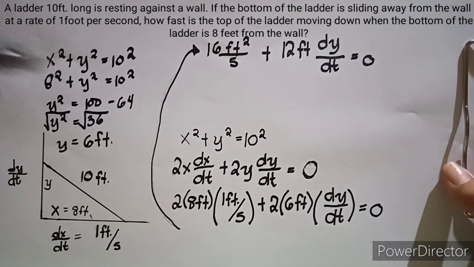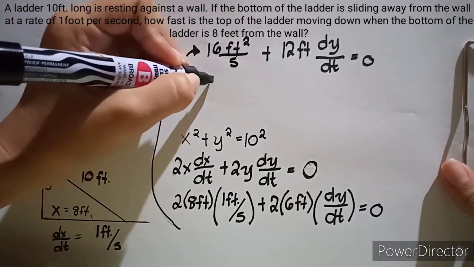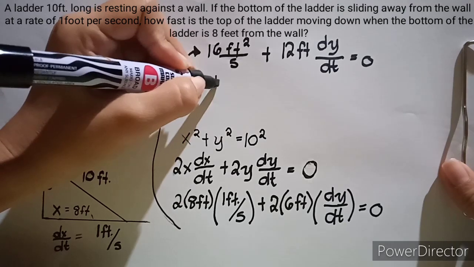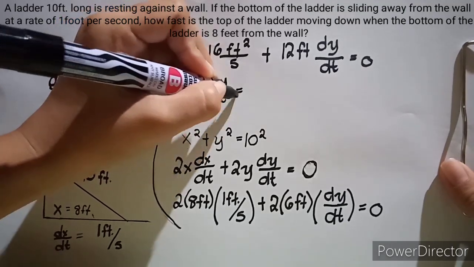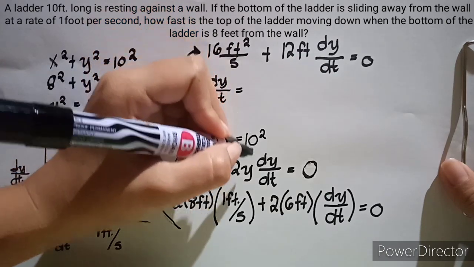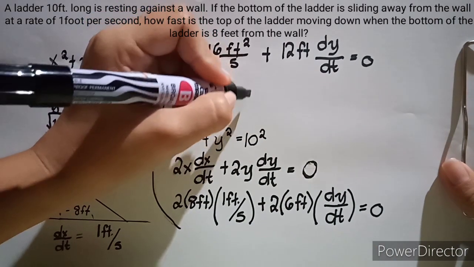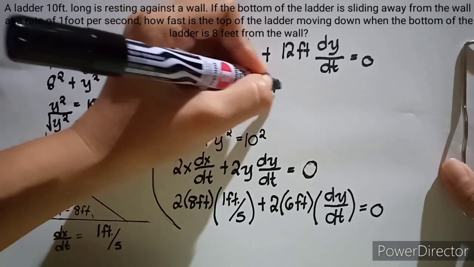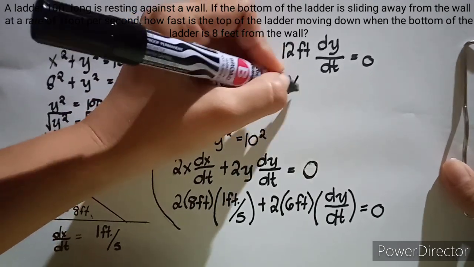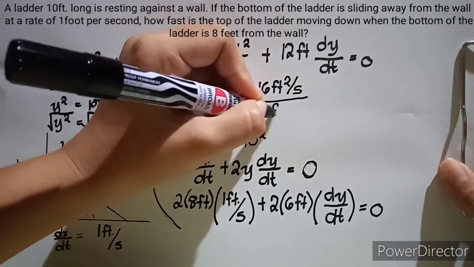To solve for dy over dt, we use algebraic manipulation. Our dy over dt is equal to negative 16 feet squared per second over 12 feet.